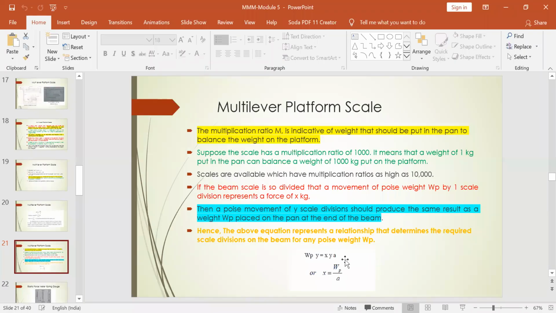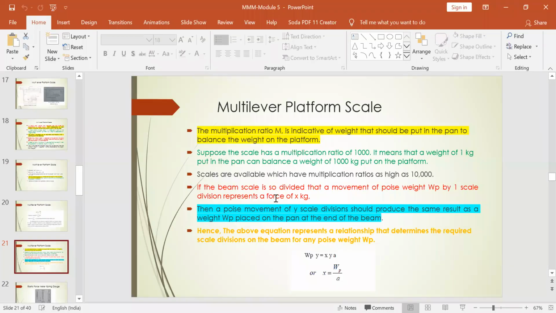Here you have to worry about this equation. Scales are available which have multiplication ratios as high as 10,000. This we also told. If the beam scale is so divided that a moment of poise weight WP by 1 scale division represents a force of 1 kg. So if the poise value is 0, everything is balanced, and if it shows on the scale as 1, then what does it indicate?